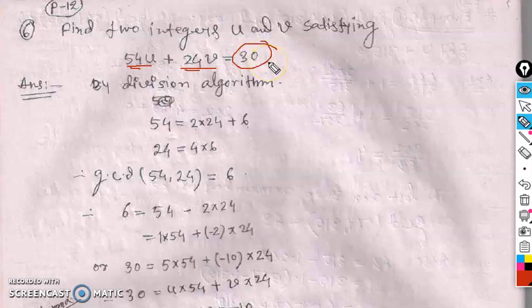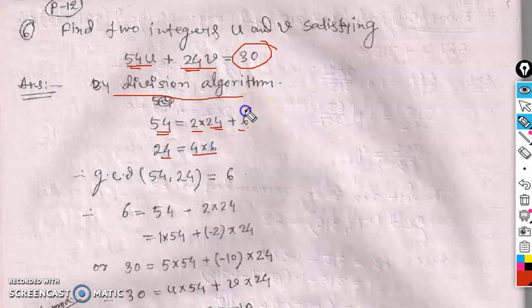This GCD should be a divisor of 30, because first we use the division algorithm. 54 is larger than 24, so we divide 54 by 24. The division algorithm says 54 equals 2 into 24 plus 6, and next we divide 24 by 6. So 24 equals 4 into 6.